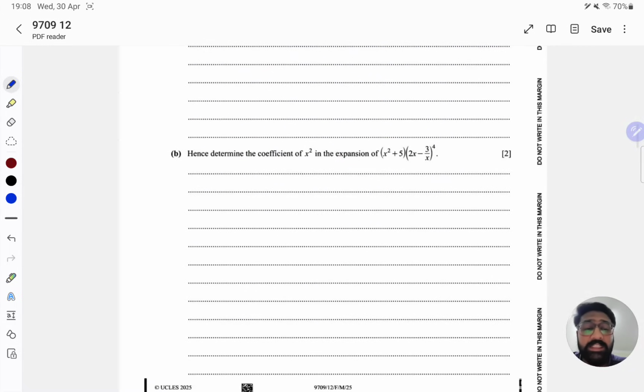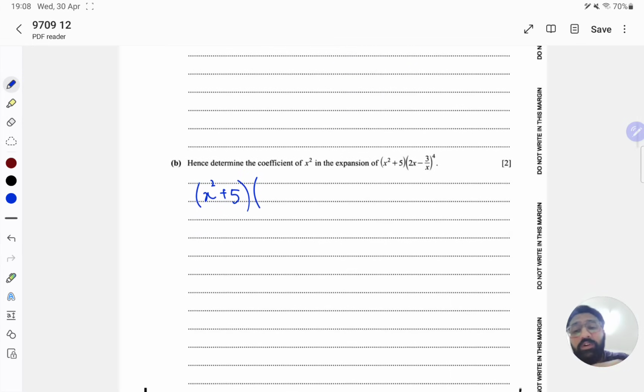Hence determine, hence means that you need to use the working or the answer from the previous part. Determine the coefficient of x squared when you multiply the first bracket with the already expanded thing above. So x squared plus 5, I need to multiply this with which terms in the second bracket so that I can have x squared.